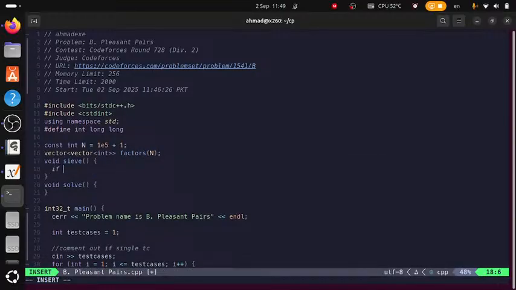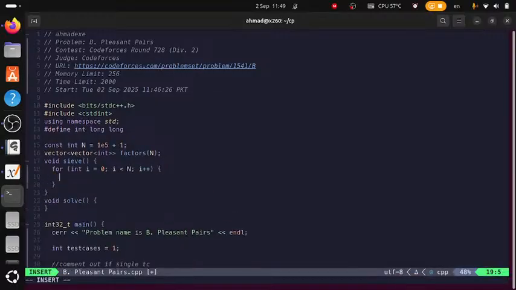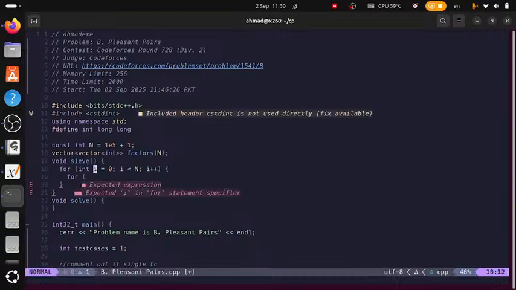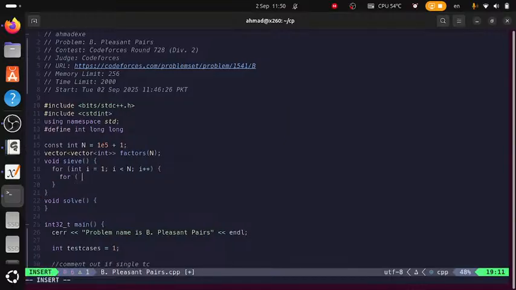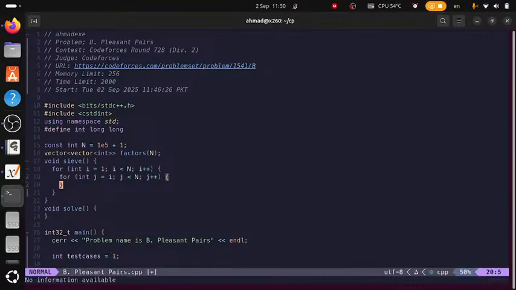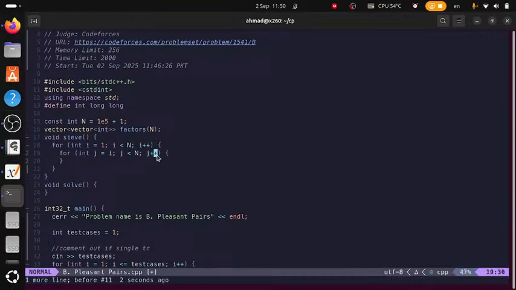So we're going to say, for j equal to i, j less than n, j plus equal to i.